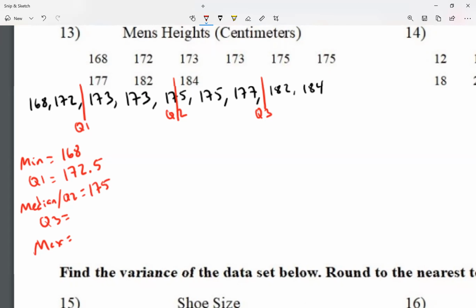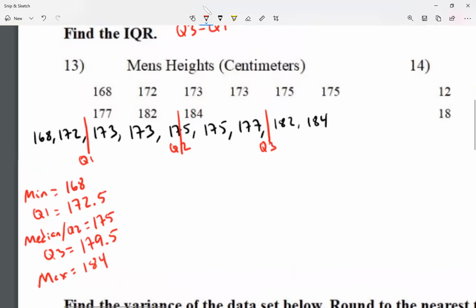If you cannot tell, add those 2 numbers, 177 plus 182, and then divide it by 2. In my case, I happen to get 179.5. And then my maximum is 184, my biggest number. So if I give you a list, you can easily find it.